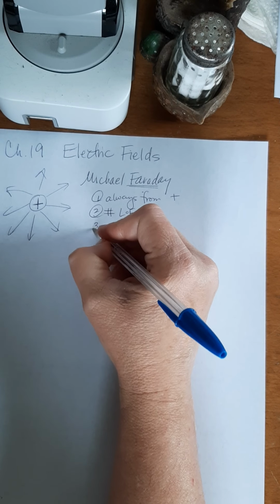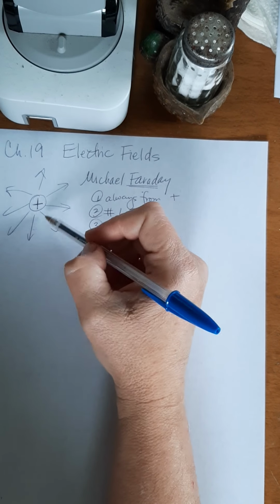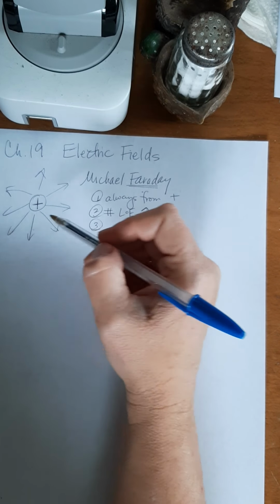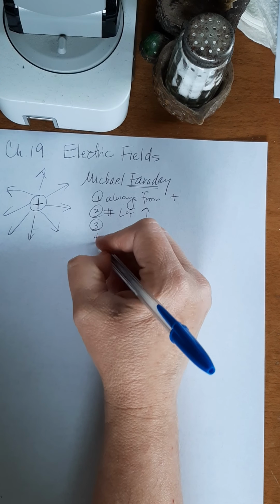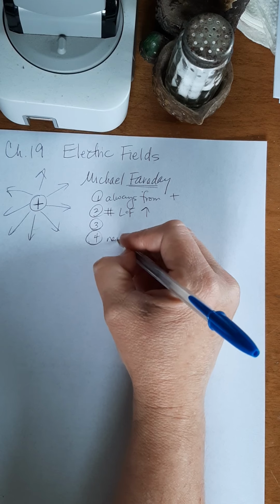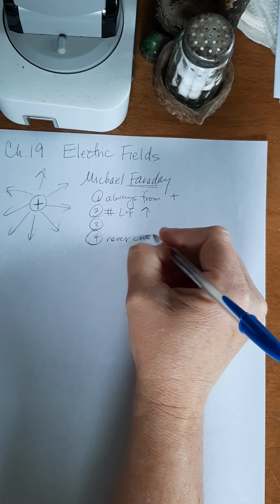Also, the closeness of the lines of force is how strong it is. So if they're really close, they're really strong. And the last one is they never cross.